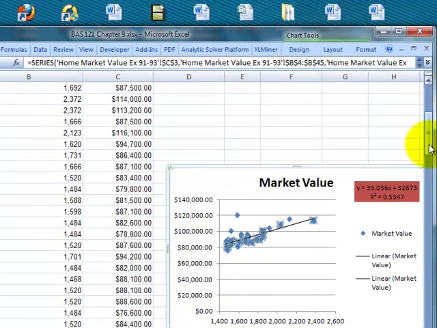The simple way to interpret the R squared is to say that 53% of the variance in our y value, so 53% of the variance in the price of our homes, is explained by the variation of the square footage of the home.